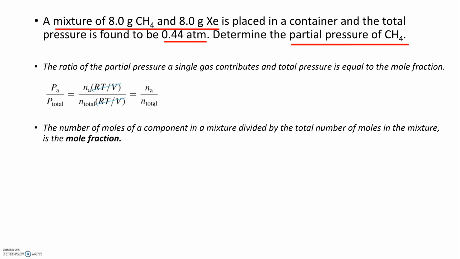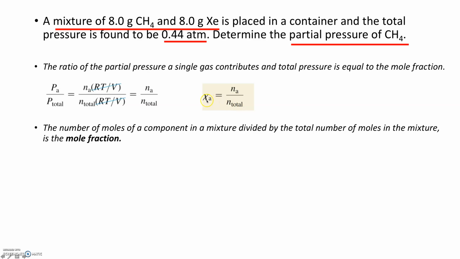So by dividing part over whole, we get a mole fraction. And in the book, it shows it as the x. The mole fraction is whatever component you're looking for, the amount of moles part over the total moles.